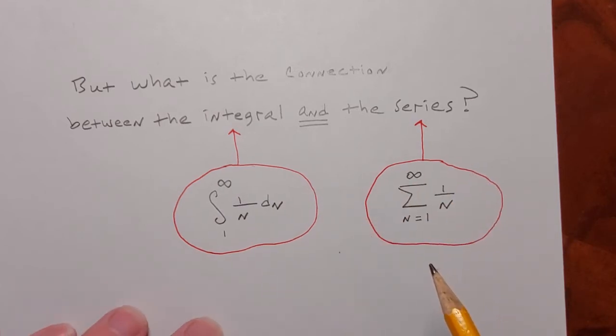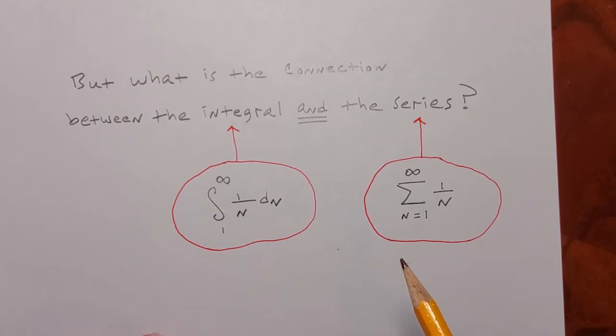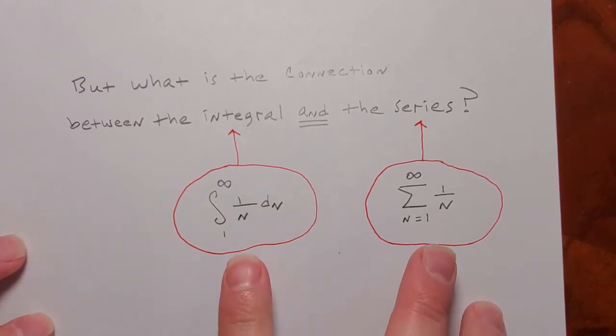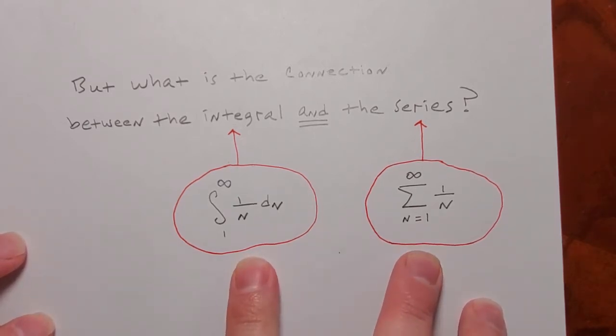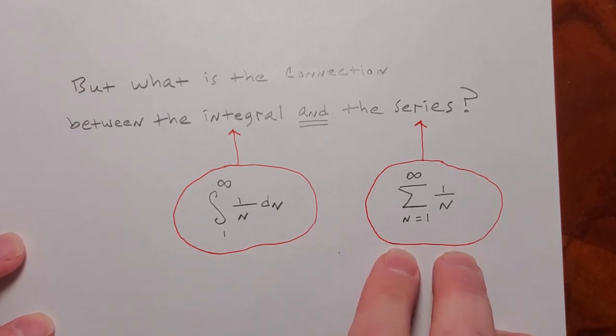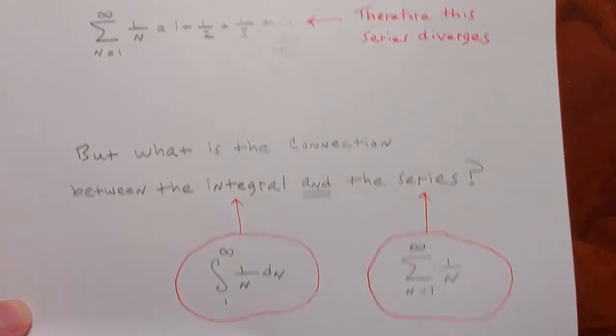If you remember that from Calculus 1, already you might realize a little bit about the connection between the integral and the series. Nonetheless, I think it's best to show you some pictures.